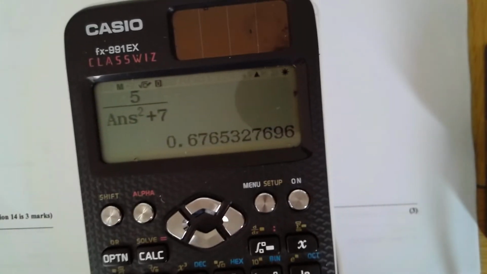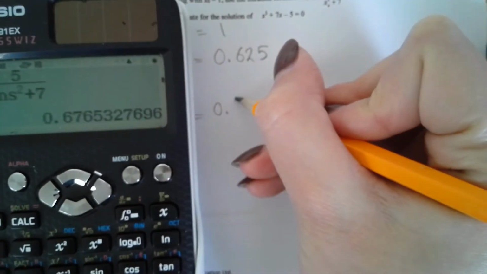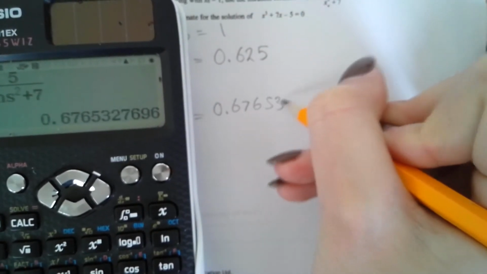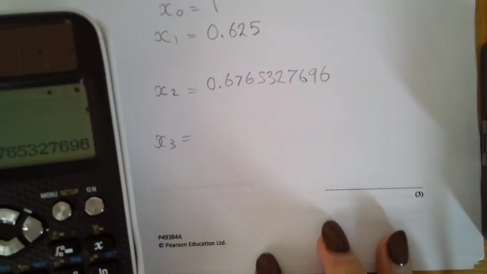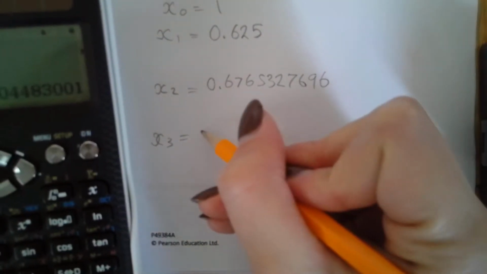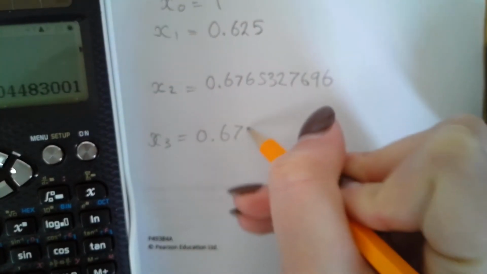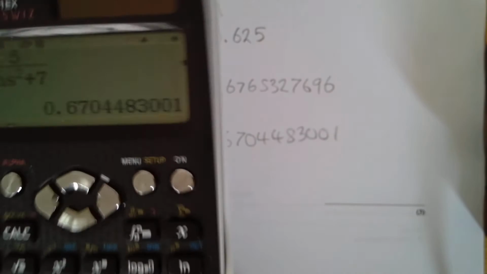Press equals again, write it all out, 0.67653276696, and x3 is equals again, 0.67044830001.